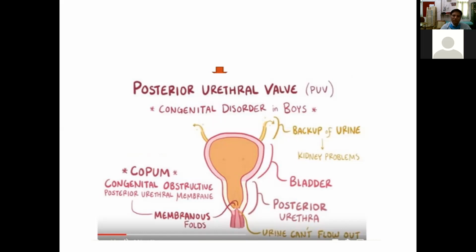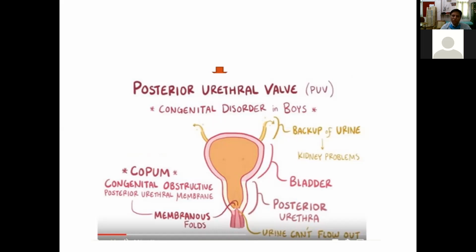If you do not think of it, if you do not identify them in early infancy. Whenever an infant comes with urinary tract infection, a child of a few months, below 1 year of age, comes to you with urinary tract infection, don't neglect.